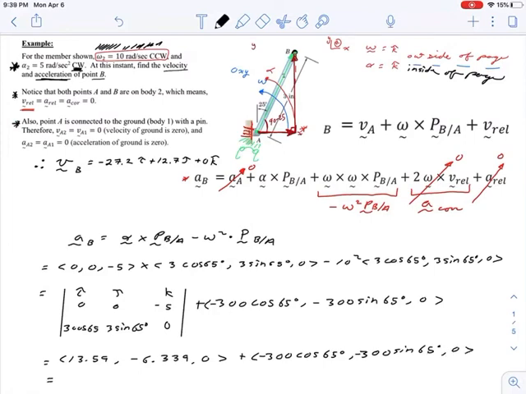Now if we add these two vectors up, the acceleration of B ends up being 13.59 minus 300 cosine 65. That is negative 113.